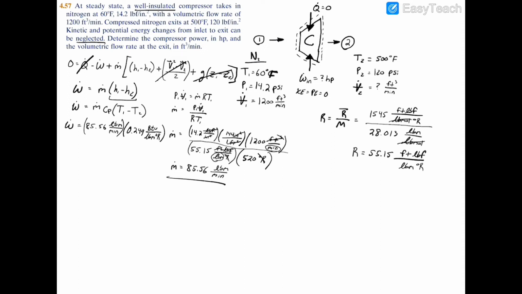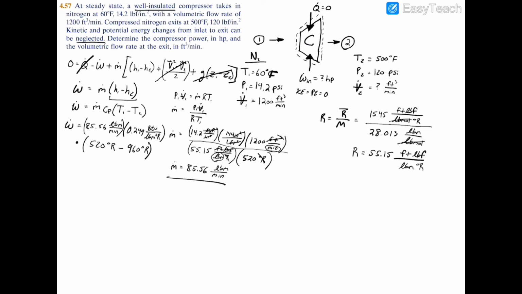And now we need our temperature difference. So I'm going to multiply that here on the next line times T1, which is again 60 plus 460 would make it 520 degrees Rankine, minus T2, which is 500 Fahrenheit or 960 degrees Rankine.